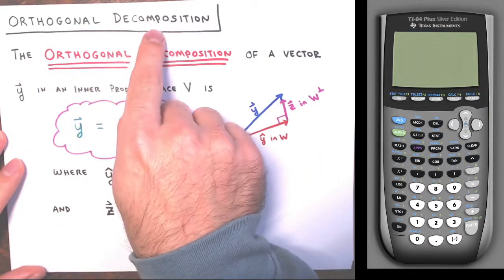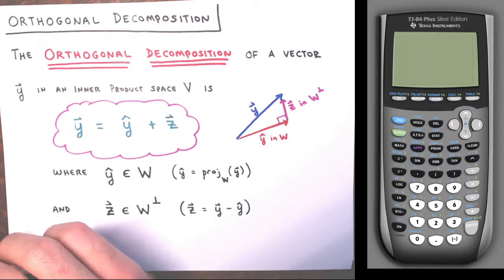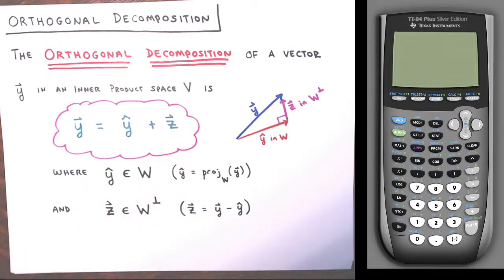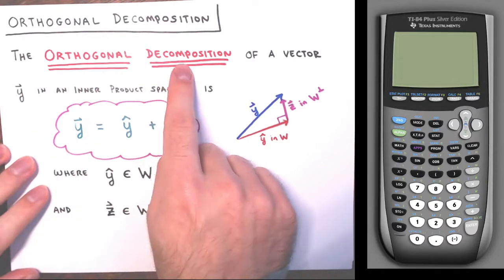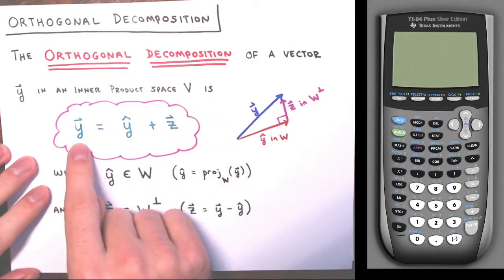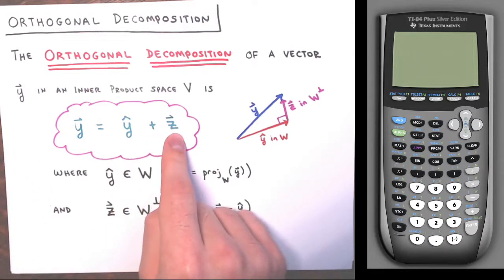So the orthogonal decomposition, you're basically taking a vector and breaking it up into two orthogonal pieces. The orthogonal decomposition of a vector y in an inner product space V is y equals y hat, which was that projection onto W, plus some vector z.